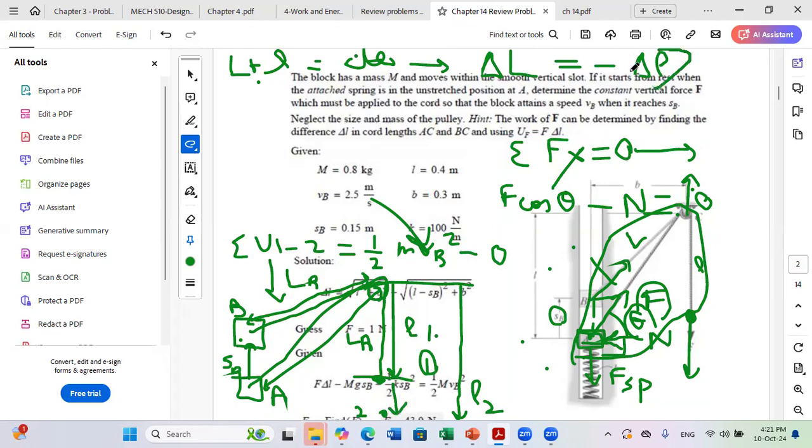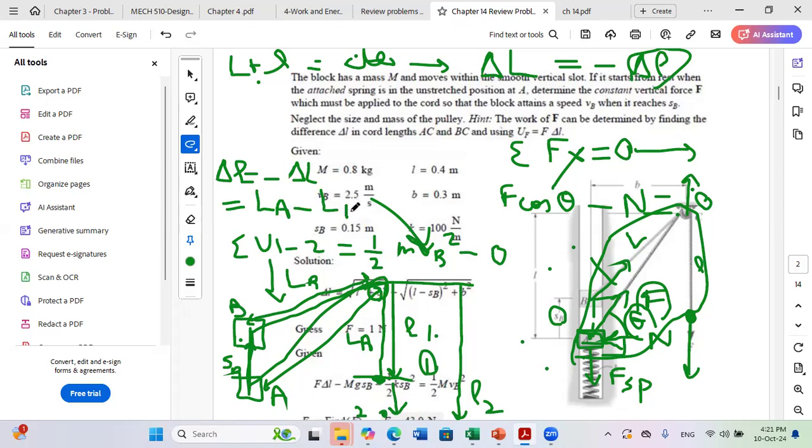So all you have to do to compute delta small l is to do minus delta big L. So if we go back to our figure here, it's the length LA minus the length LB, which is different, sorry, than SB. So this is equal to LA minus LB.